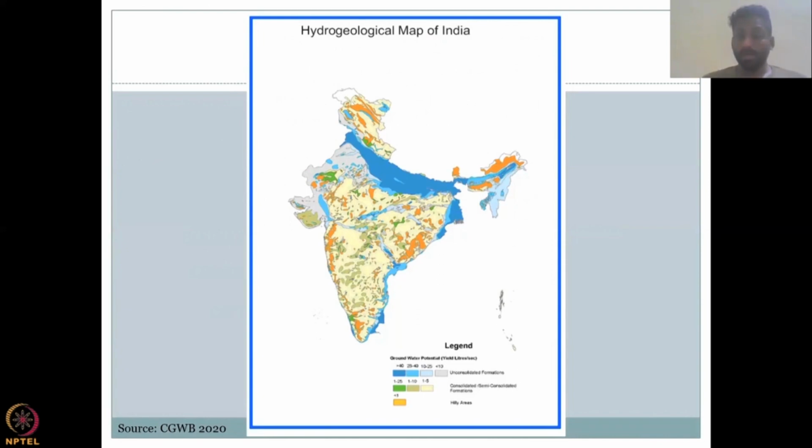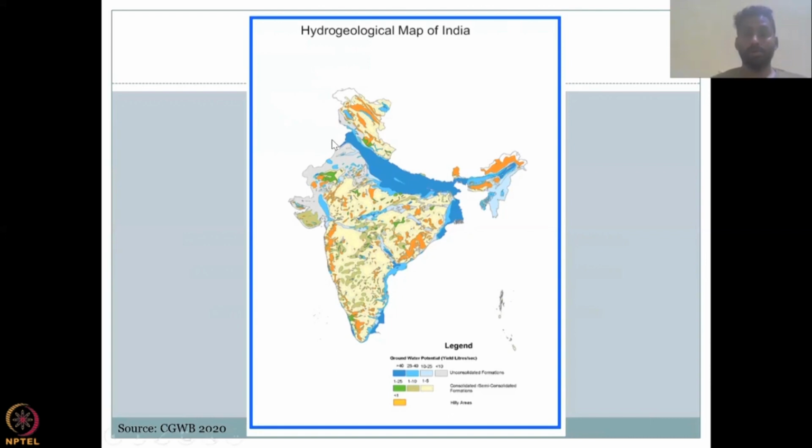First, let's look at the blue color. The blue color is the highest water yielding aquifers, and it is given as a rate of yield in liters per second. If you look at these blue regions, you could clearly understand that these coincide with the regions where there are massive or big rivers and streams, good water bodies in short.